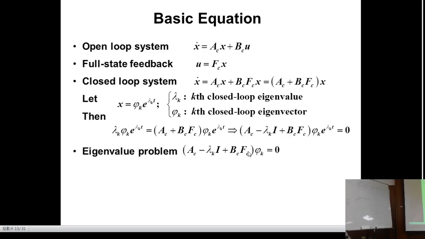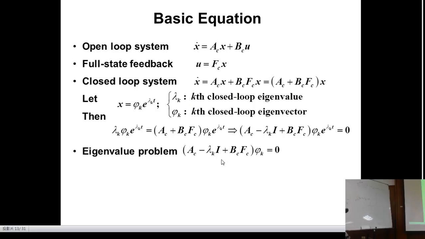F_C is the gain we want to compute. Agree? Any problem about this step to these steps? Okay. By the way, keep in mind, A_C is always a real matrix. For a real system, the open loop state matrix A_C is a real matrix.